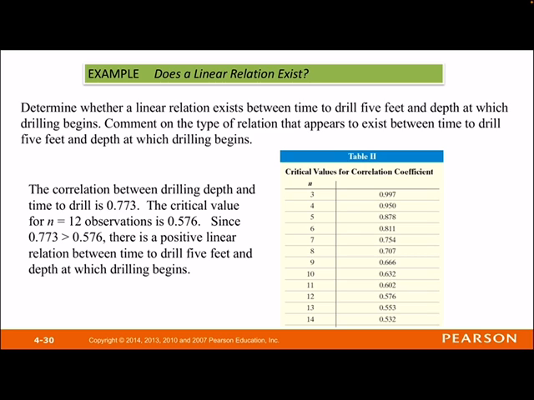Since 0.773 is greater than 0.576, there is a positive linear relation with time to drill that 5 feet. Again, it's positive because R was positive. If R had started out as negative and you took the absolute value of it, there would still be a linear relationship, but since R was negative, your linear relationship would be negative. That's the only little trick there is there.